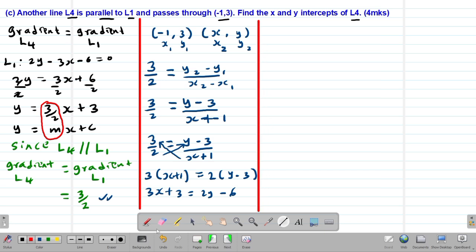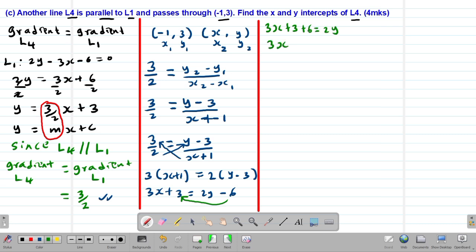For me to achieve that, I'm going to group some terms together. I'll take -6 towards the left hand side of the equation, so that I end up with 3x plus 3, then -6 will become +6 when it crosses the equal sign, equals 2y.